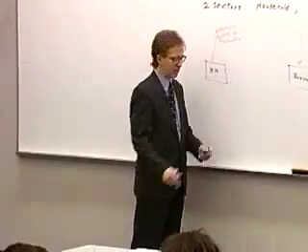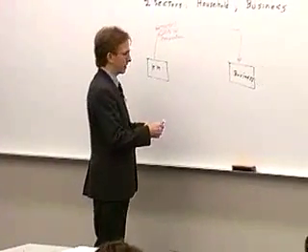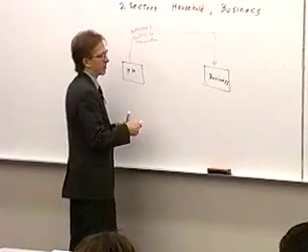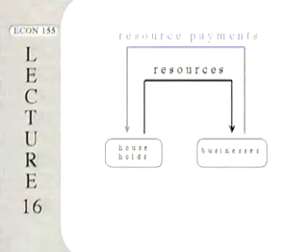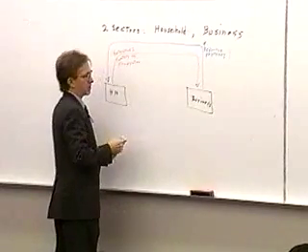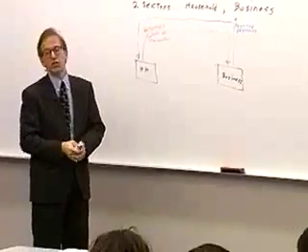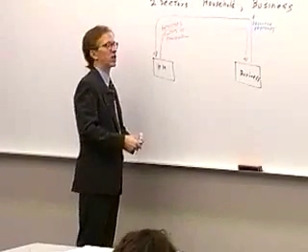Guess what happens? The business sector sends money back, and I'll switch over to a different color here to show you the flow of money coming back. Here's the dollars coming back, and these are what? Resource payments. And by the way, it's not just like the household sector sending resources off and the business sector sending dollars off.